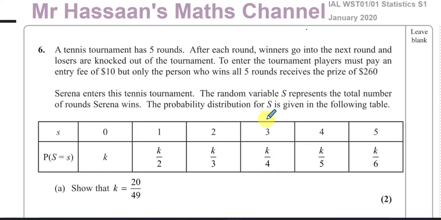When S equals 3, she won the third round. When S equals 4, she won the 4th round, but she didn't win the 5th round. For her to have won the whole competition, she has to win also the 5th round. So the value of S tells you how many rounds she won.